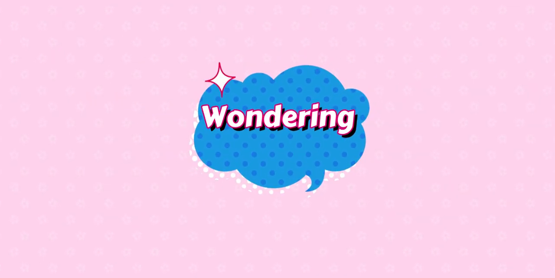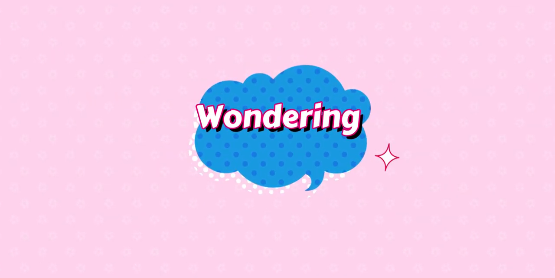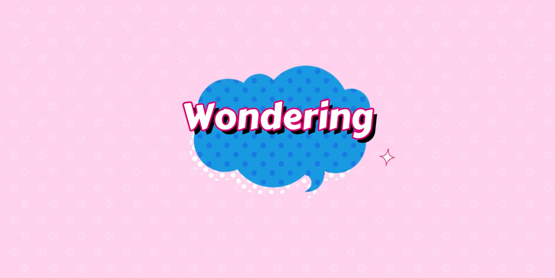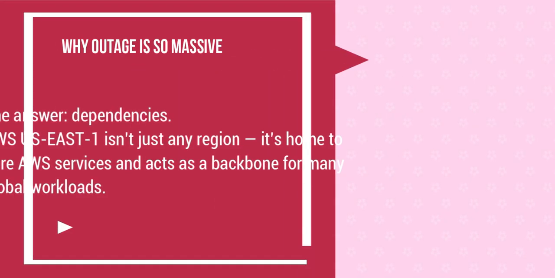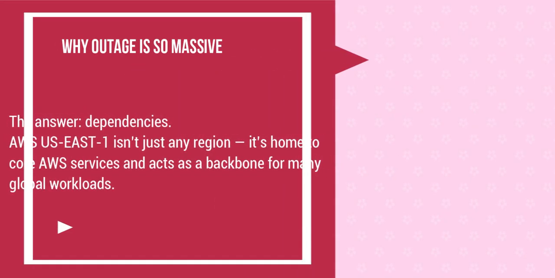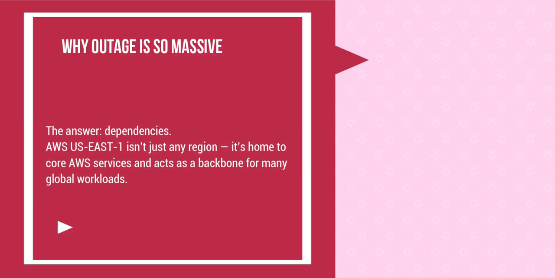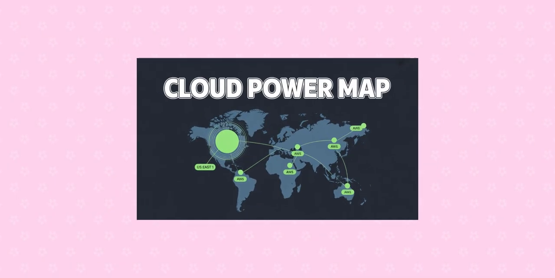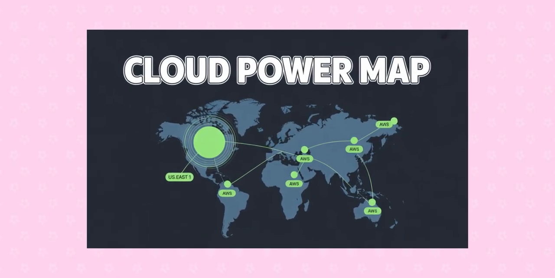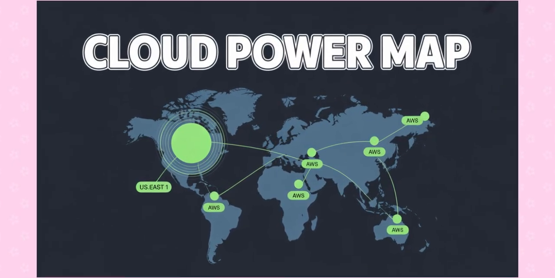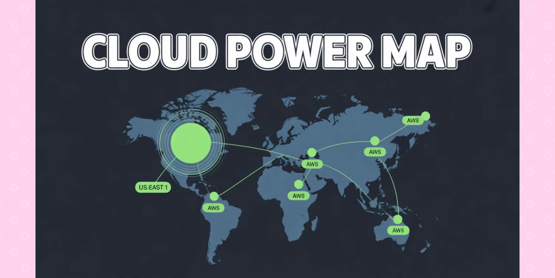You might be wondering, why did one region going down cause such a huge impact globally? And the answer is dependencies. US East 1 isn't just any region. It's home to core AWS services and acts as a backbone for many global workloads.